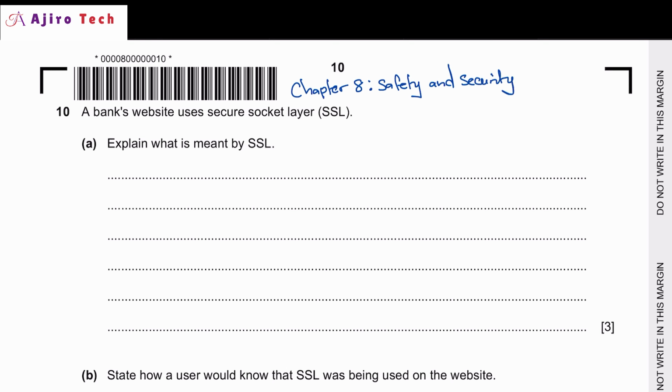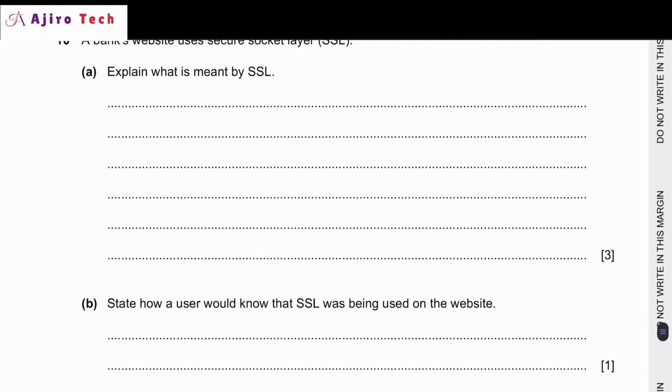Now, to be more specific, you see it under security of data, the secure socket layer. Now, when we talk about the SSL, it is a type of protocol. Okay, explain what is meant by SSL. Let me just write it here.